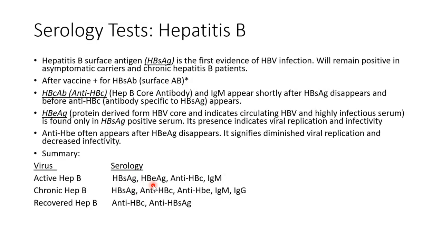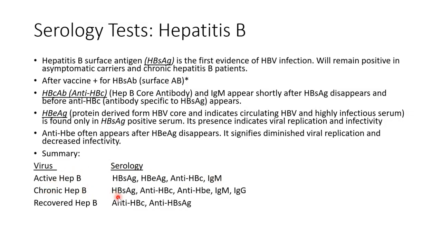The HBeAg is going to be positive because that's an indication that there is some replication and this person's infected. An anti-HBc, which is the hepatitis B core antibody, is going to appear after somebody has an infection. And we know that active is going to have an IgM. So we're going to see an IgM in active hepatitis.